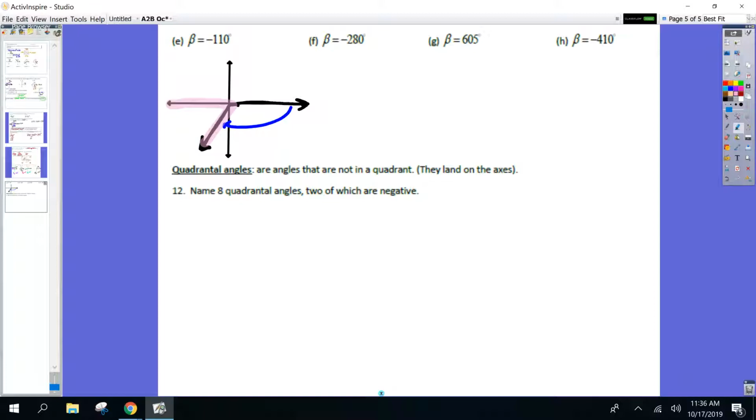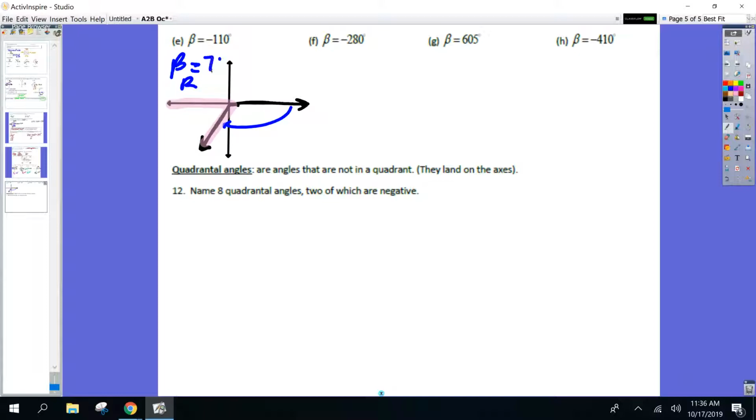Do you think you can get it for me? What do we think? Positive, and it's got to be less than 90. What do you got, Nick? 70 degrees. You want to explain to your classmates how you got 70?